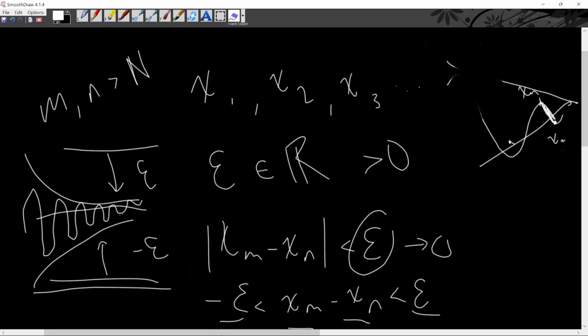So the distance between x sub m and x sub n, or x sub m minus x sub n, is going to be less than epsilon, which is approaching 0, right? It is a tolerance that is becoming smaller and smaller. So that's what a Cauchy sequence sort of is.